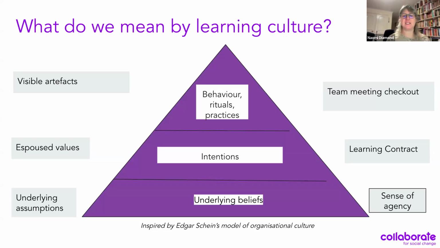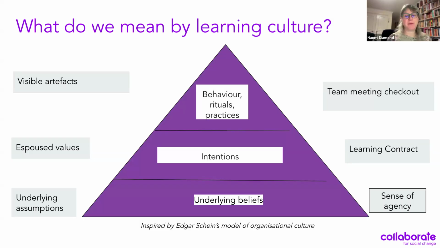you can bring in new behaviors or rituals, but if beliefs don't change, they might not be effective. And these are the underlying assumptions that people have around test and learn. And, are they coming in cynical, or are they coming in with a belief that change can happen? Do they feel safe to talk about failure?